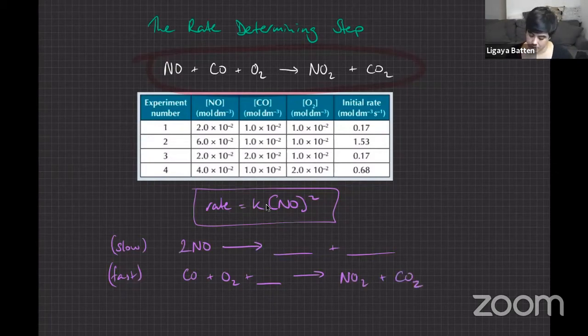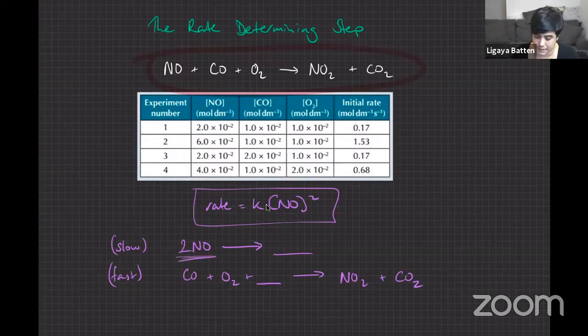And I'm just thinking, okay, well, I think what we're going to do is have just one product there. So when you're actually writing the rate determining step, the important thing is just to make sure you've got the right number of moles of the reactants that are in your rate equation, so as we have in this left-hand side here.